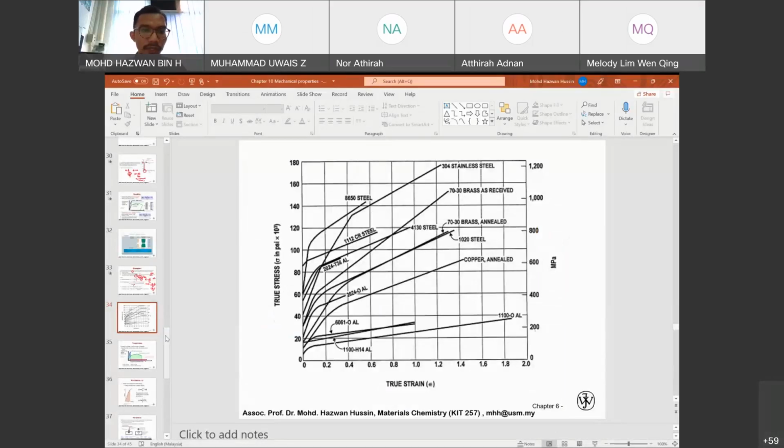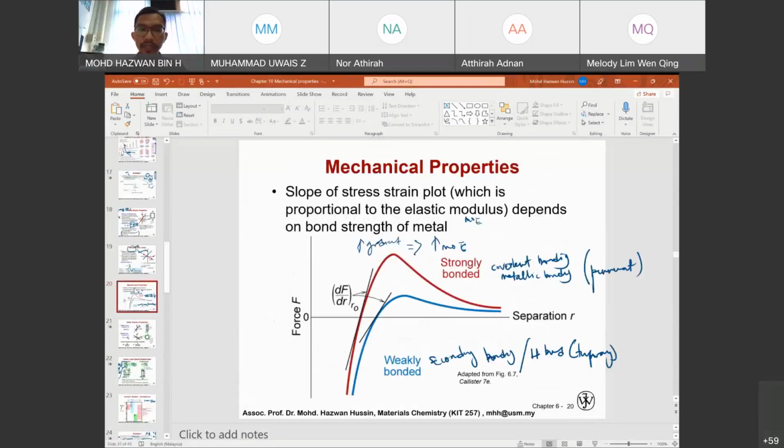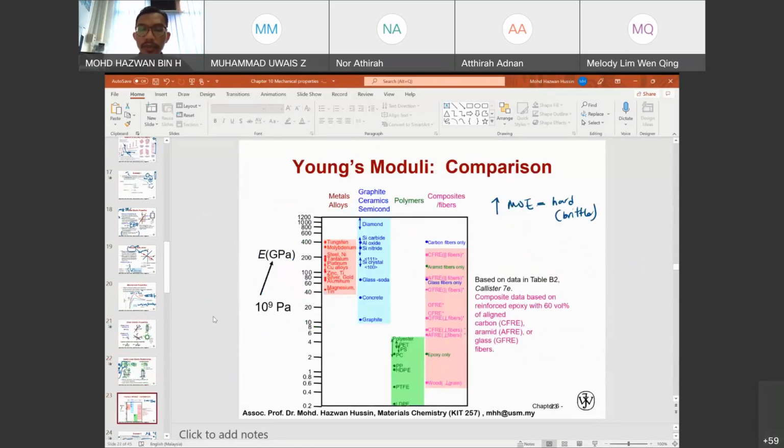Okay, so before we begin, it is best if we can look back at what we have learned so far, I think starting from yesterday. Yesterday we went through several examples for elastic and also plastic deformation.